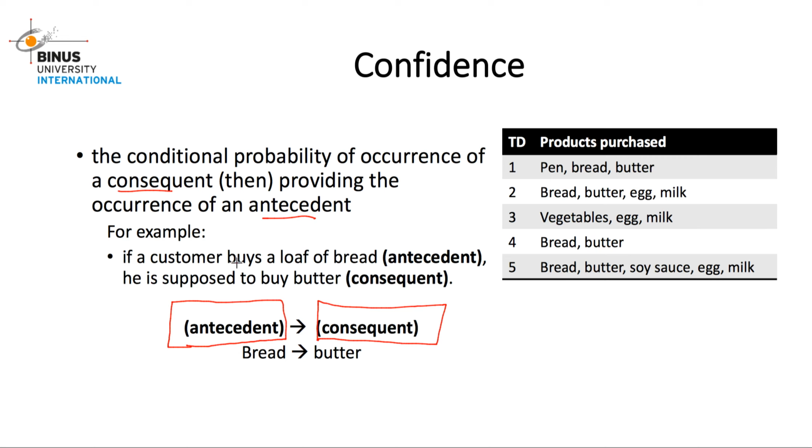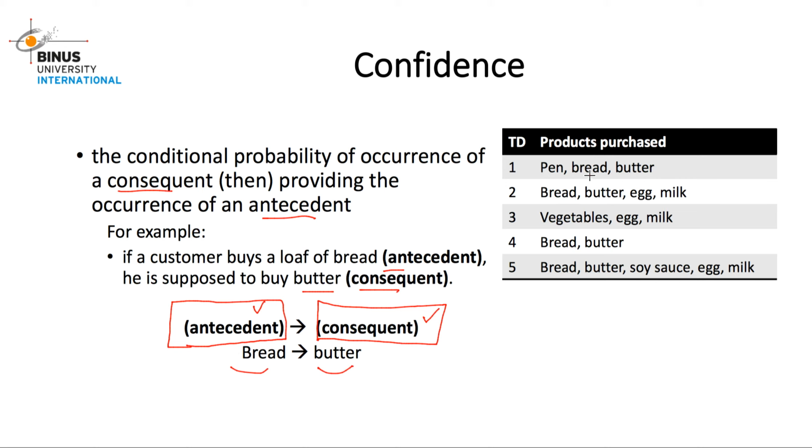If a customer buys a loaf of bread, the antecedent, he is supposed to buy butter as well, the consequent. This is occurrence, not causality, but we call the first one the antecedent and the second one the consequent. So bread is the antecedent, butter is the consequent.